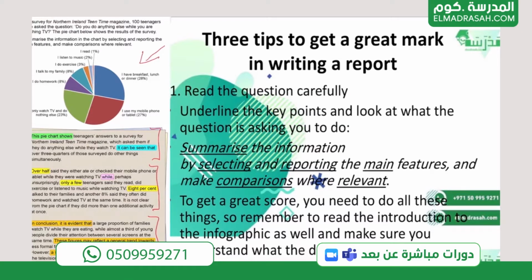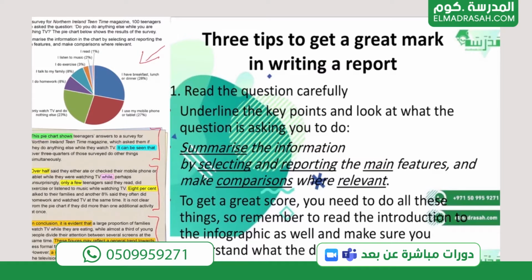When it comes to writing an essay, and specifically here a report, we have to keep it neat and organized. In other words, the essay should be separated into paragraphs. Here we have three paragraphs. A report usually consists of 3 or 4 paragraphs, but the case here is 3 paragraphs, and we are going to know why later on.